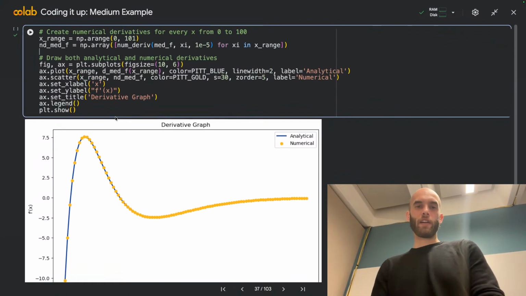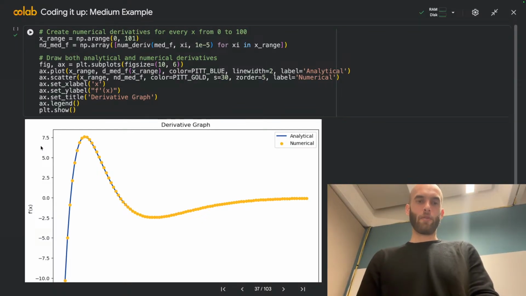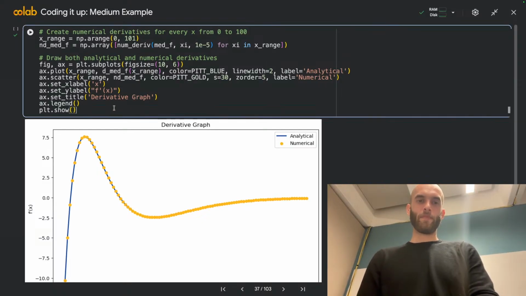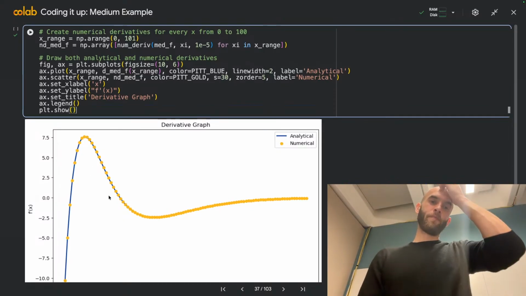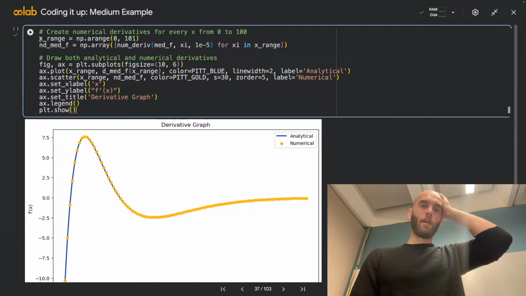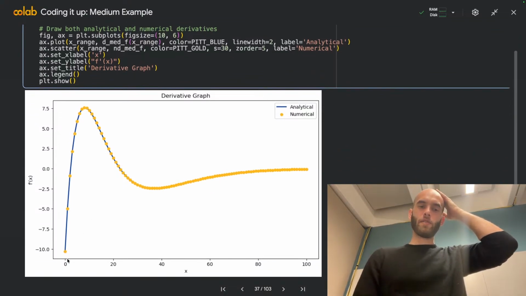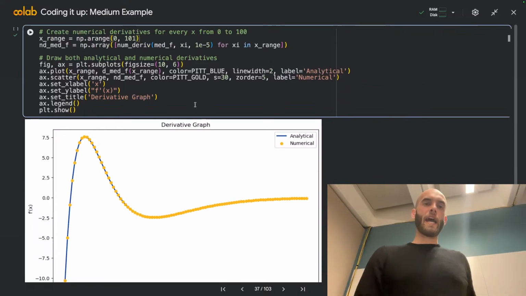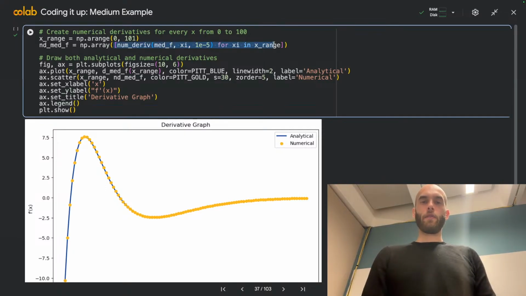So what I've done here, let me just talk through the particulars. This is the derivative of our medium f. And again, I've plotted a range, 0 through 101. We're just going to evaluate the numerical derivative of the medium f function. And all we're doing, this is just a for loop.